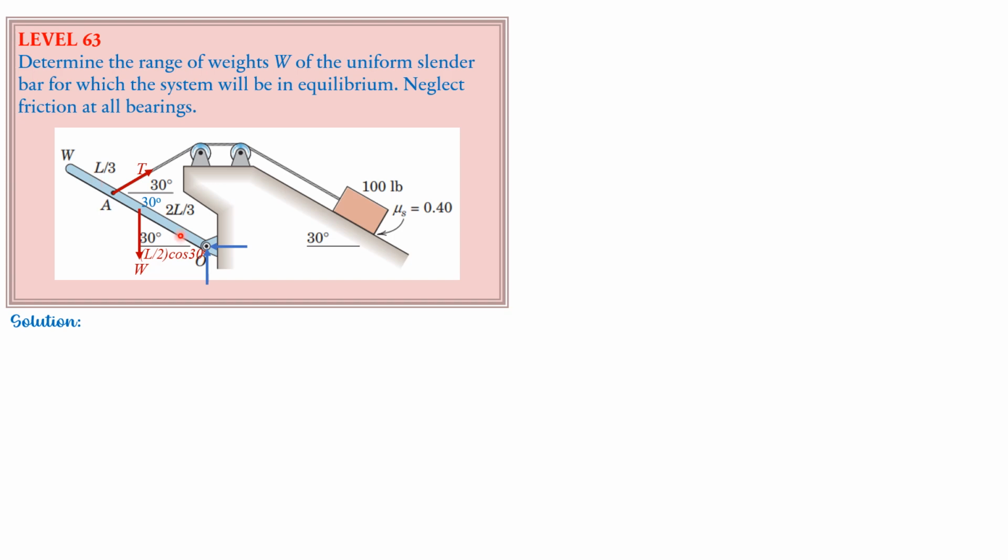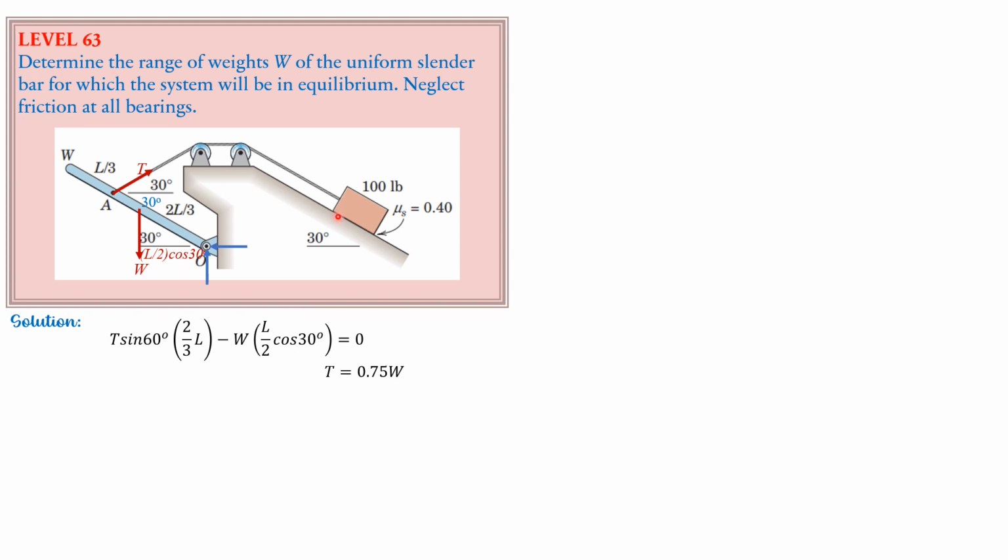Then the moment arm is 2/3 L. So T sine of 60 degrees times 2/3 L minus W times L over 2 cosine 30 degrees equals 0. Cancel out L and solve for T in terms of W. T is equal to 0.75 of W.